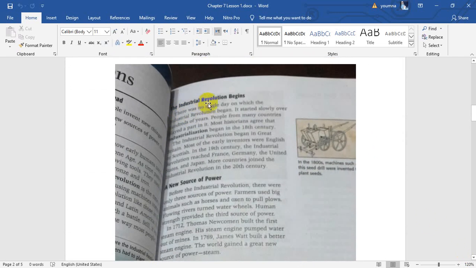The Industrial Revolution begins. So let's know how it began. There was no single day on which the Industrial Revolution began. We cannot say in that day this revolution began for the industry. No, actually it happened step by step. It started slowly over hundreds of years.